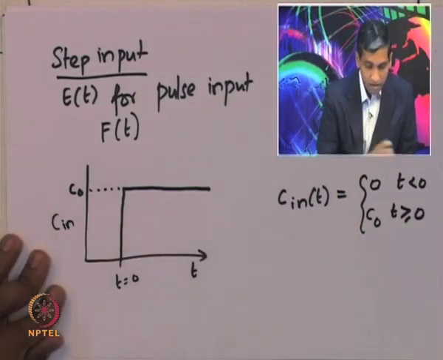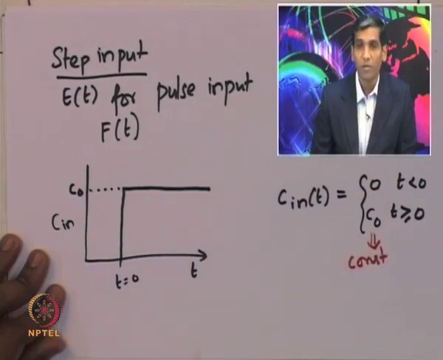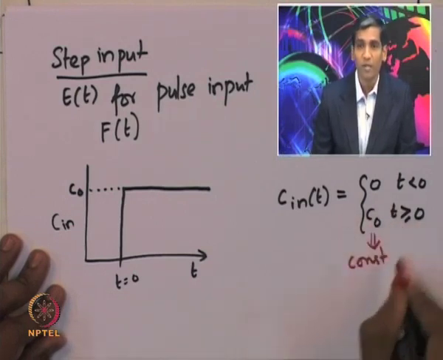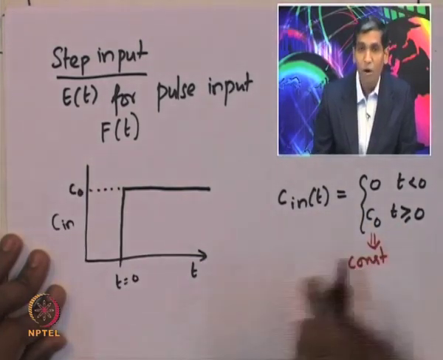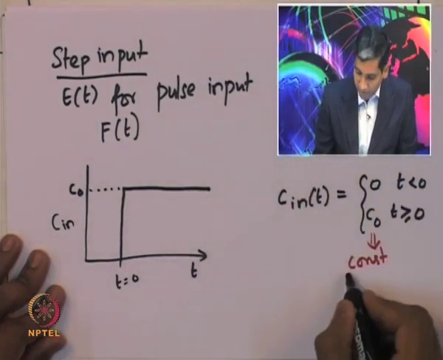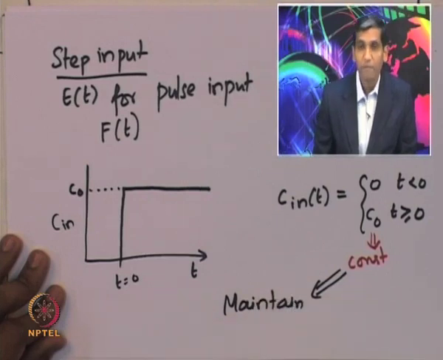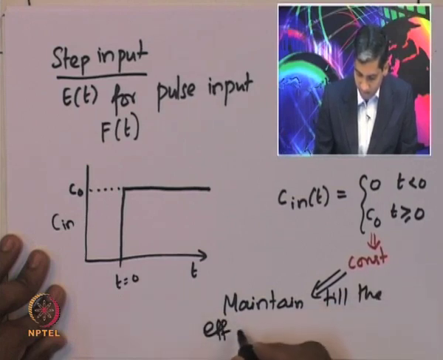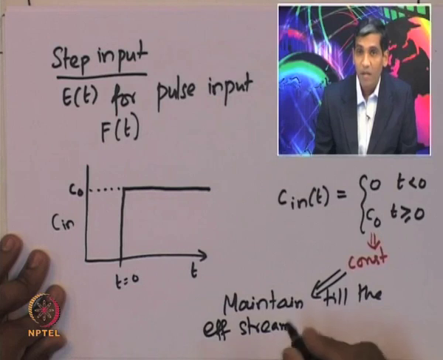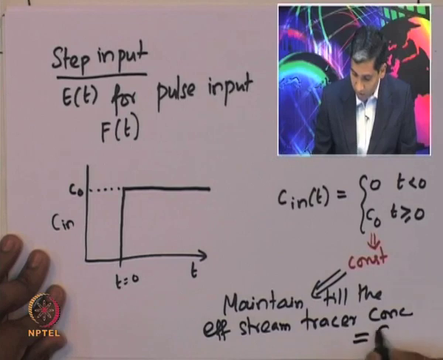So, we assume that we are able to feed a constant concentration of the tracer into the reactor feed stream, and till what time do we have to maintain it constant? We have to maintain it constant till the effluent stream tracer concentration is equal to C naught.